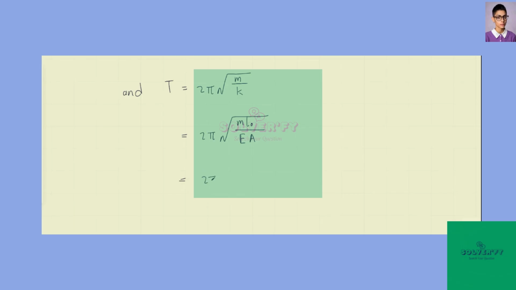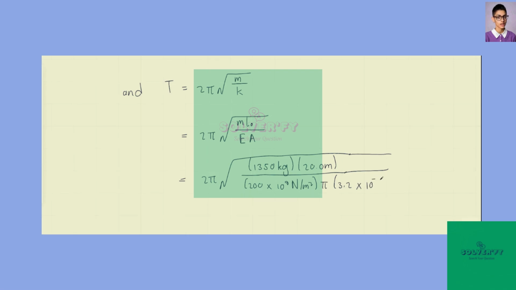And this is 2 pi times the square root of the mass of the car at the end of the cable, 1,350 kg, times the original length of the cable, which is 20 meters, divided by Young's modulus for steel, which is 200 times 10 to the power 9 newtons per square meter, times the cross-sectional area of the cable, which is pi r squared, pi times the radius of 3.2 times 10 to the minus 3 meters squared.